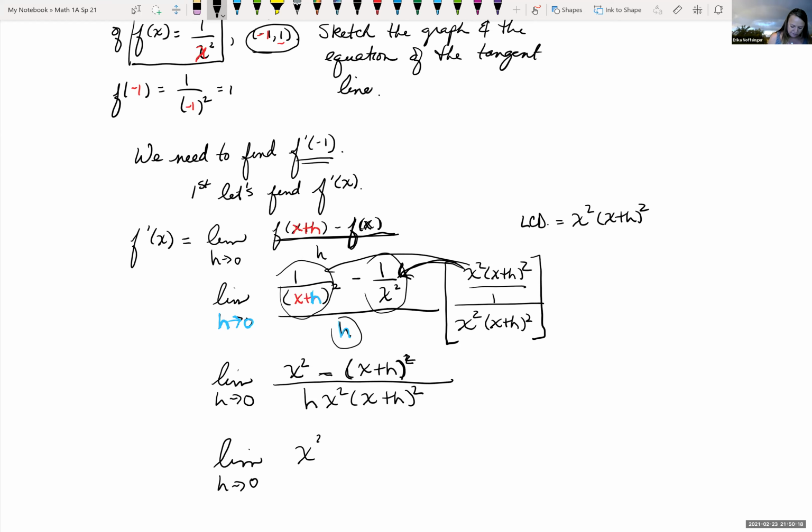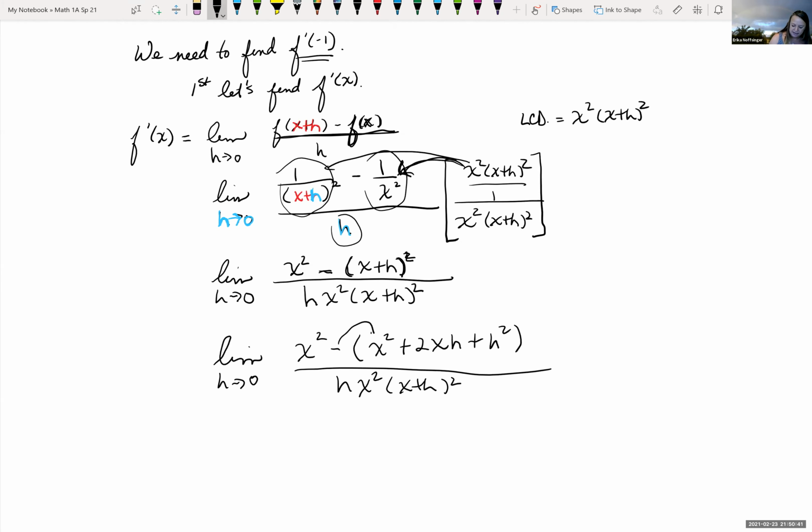And so we have x squared minus, if you distribute out x plus h times x plus h, you would get x squared plus 2xh plus h squared, all over h times x squared times x plus h quantity squared.